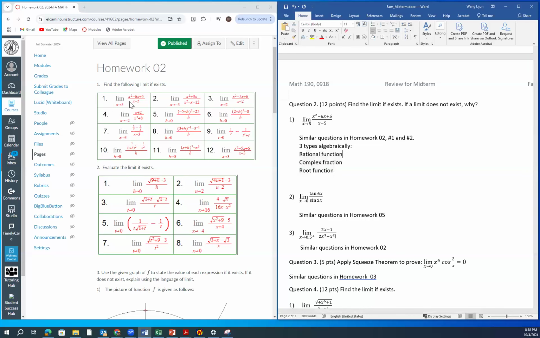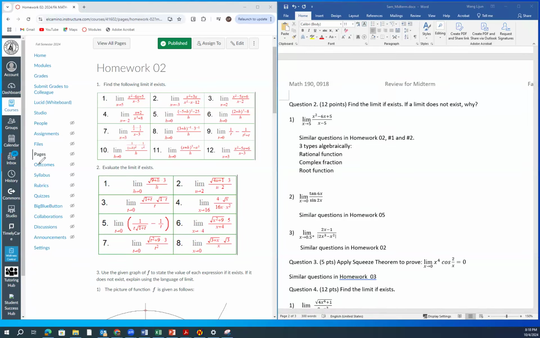Rational function type will be this one, this one, this one. The first 6 questions are the rational type. Number 12 is a rational type. Number 11 is a complex fraction. Let me circle that.